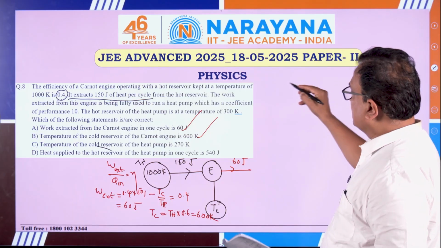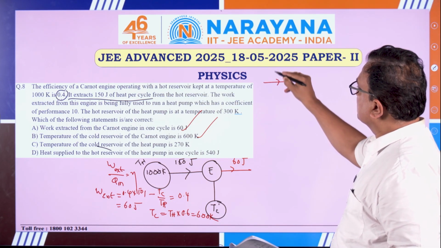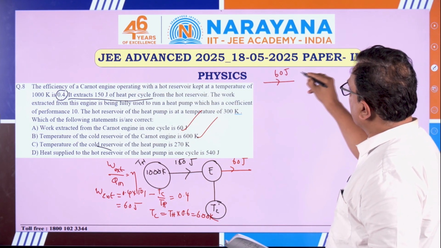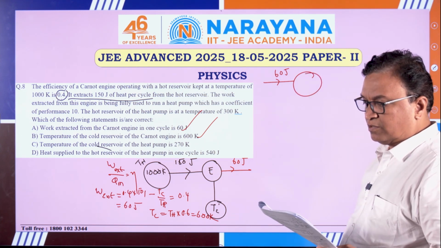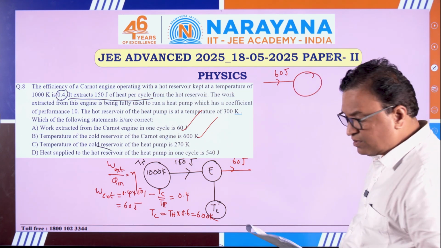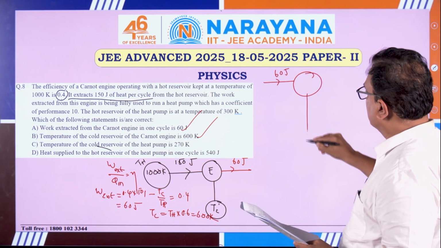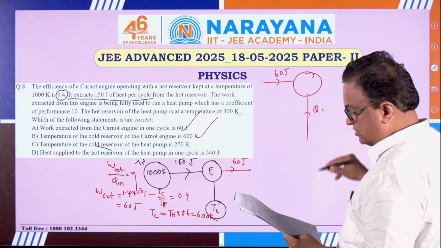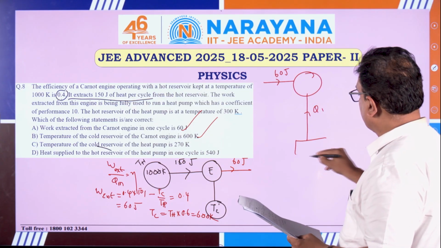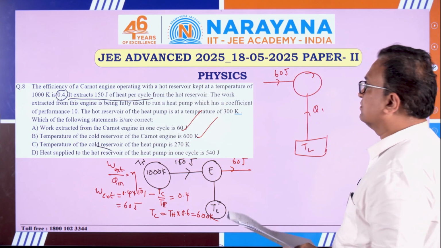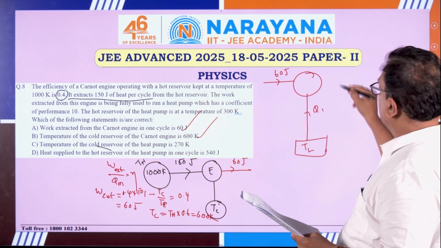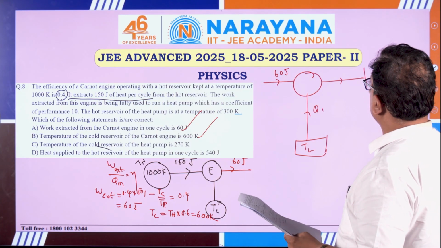Now this 60 joules is taken by the heat pump, and some Q1 is drawn from the lower temperature side and it is given to the TH side.